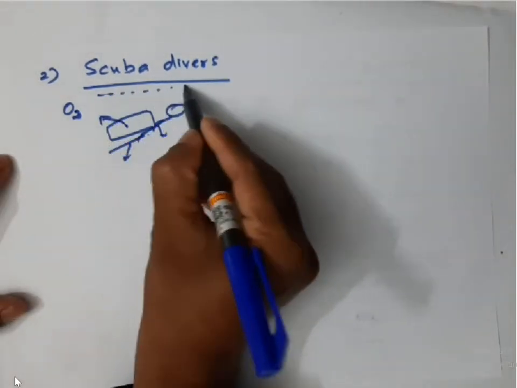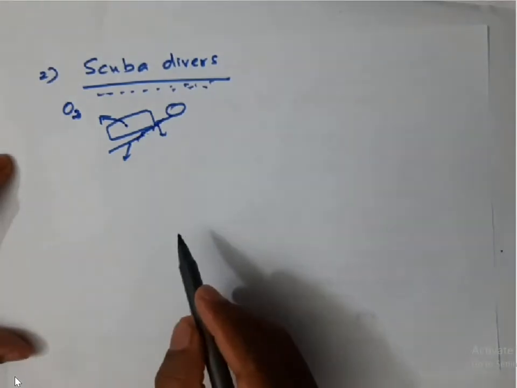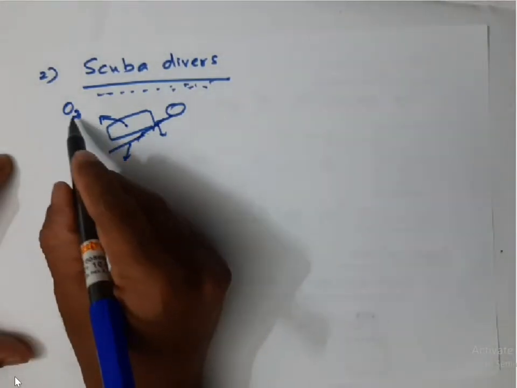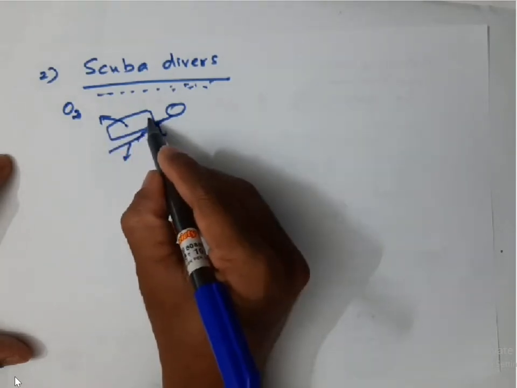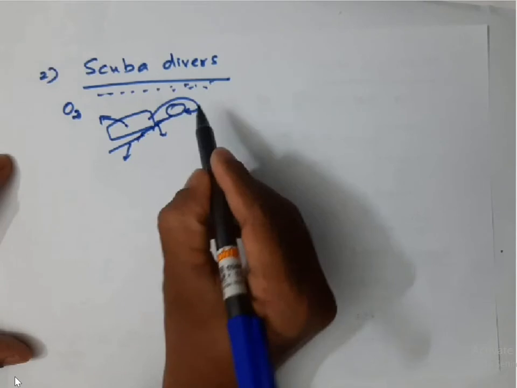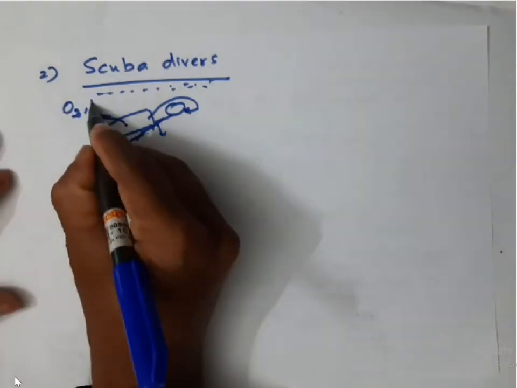If this is the water level, what will happen when they go deep? Since oxygen density is very high, the oxygen gas may not enter their nose, so they'll get a breathing problem. So what they usually do is mix nitrogen gas.